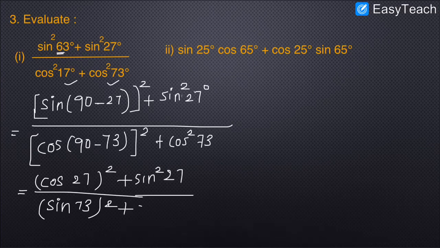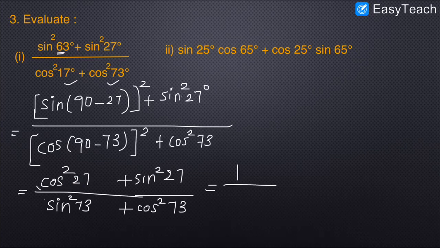So here sin square 27 and plus cos square 73. So here we can write cos 27 the whole square as cos square 27. Same as here, sin 73 whole square as sin square 73. So both are same. So look at the numerator, cos square 27 plus sin square 27. Cos square theta plus sin square theta equals 1.